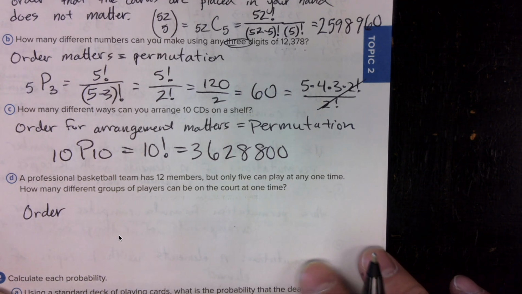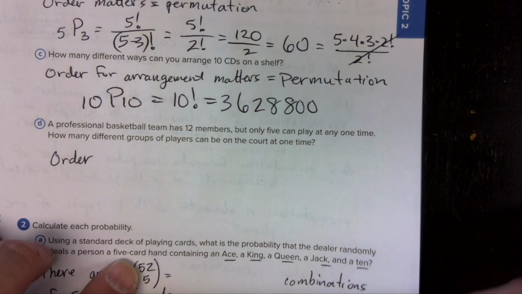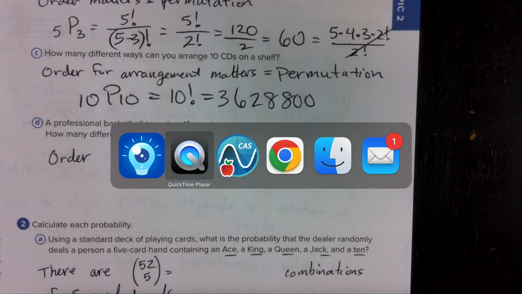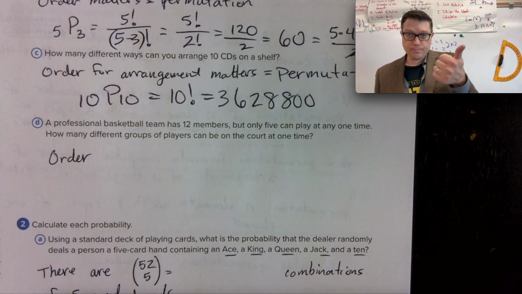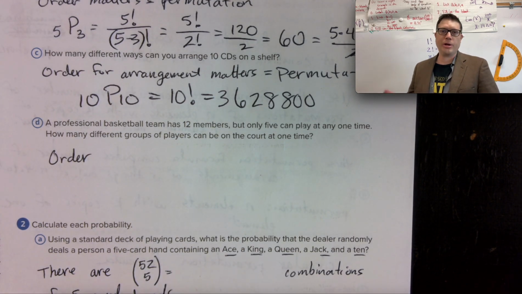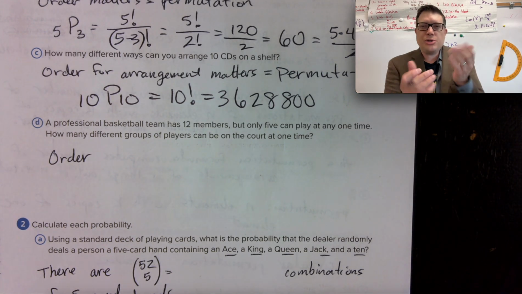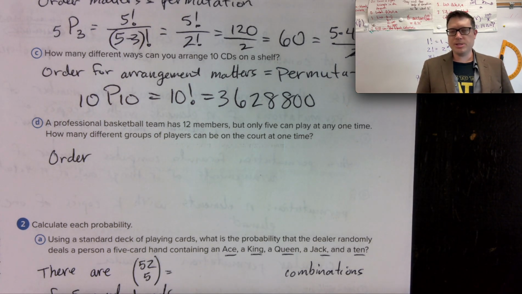Let's keep going. Now we're talking about a professional basketball team that has 12 members, but only 5 can play at any one time. Does it matter who gets to be number 1? I mean, if you're number 1, you're probably a point guard, number 2 is the shooting guard, number 3 is the forward, and number 4 is the center, so you have a reason why your position would be the way that it is.